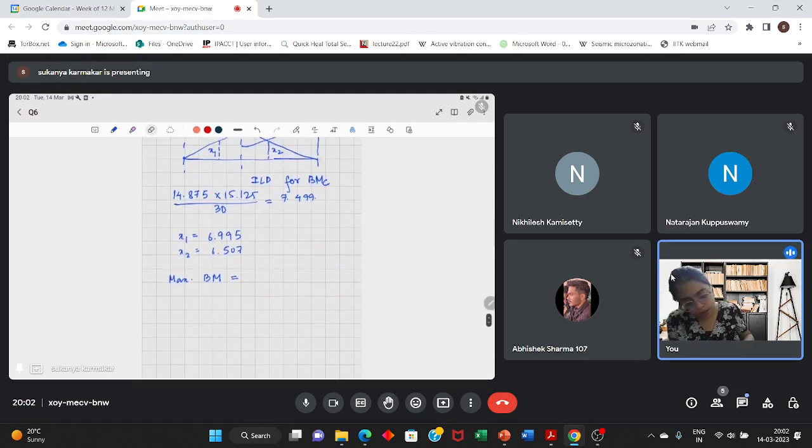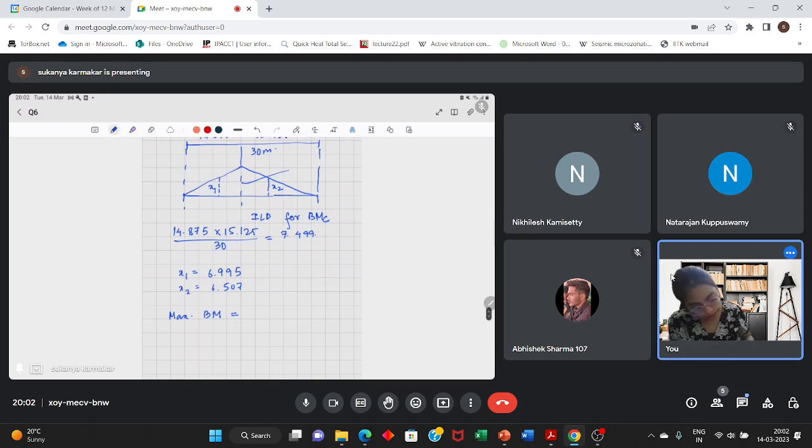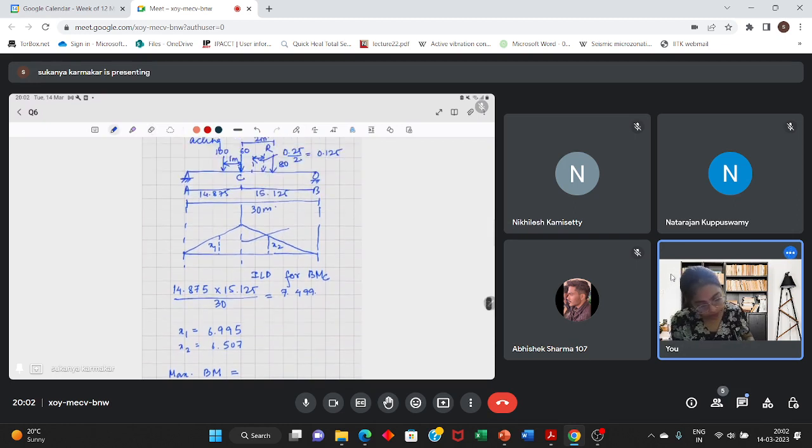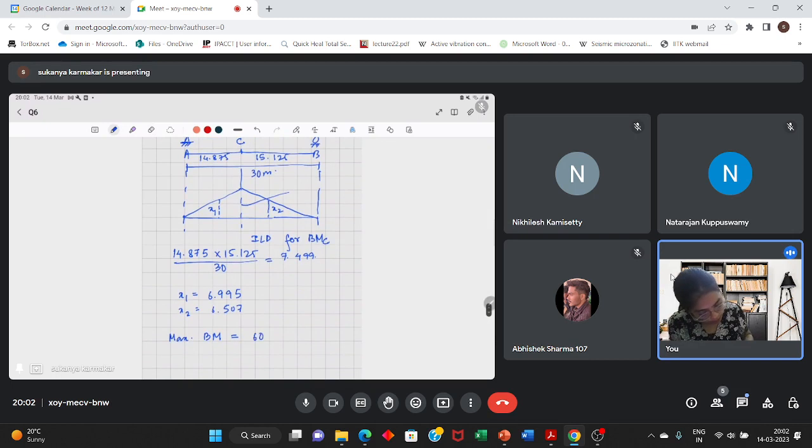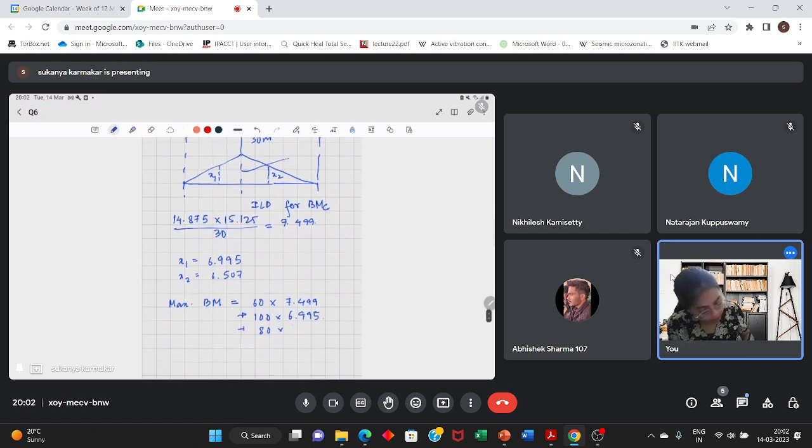Maximum bending moment will be 60 kilonewton load into 7.499 plus 100 into 6.995 plus 80 into 6.507.